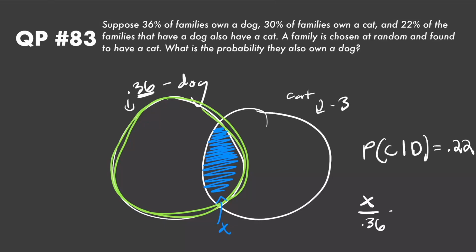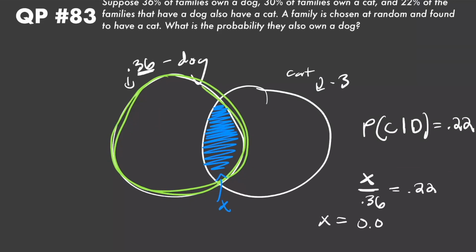We know that this is equal to 0.22, and then we can solve for X by multiplying each side by 0.36. When I do that, I get 0.0792 or 7.92%. So that told us that 7.92% of families own both a dog and a cat.